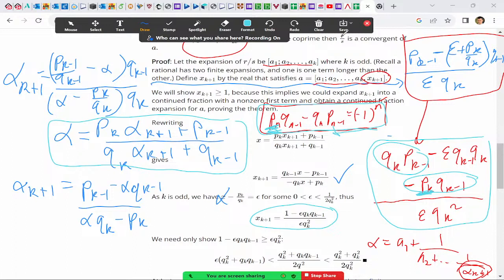It's kind of a nice little proof, but it's actually not quite correct, is it? Because of Alex's issues. It's not clear that it's positive, is it? qk x plus pk, and then I sub it in with qk, and then I get epsilon.